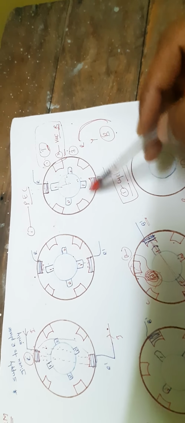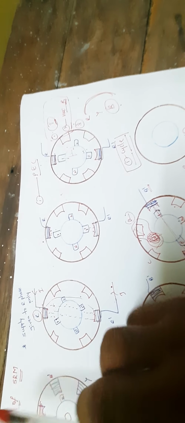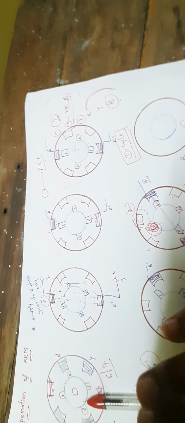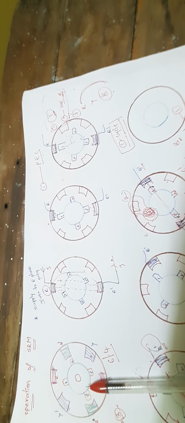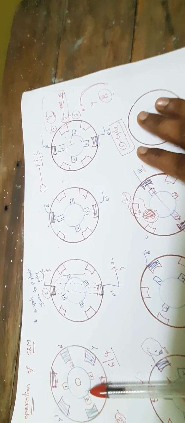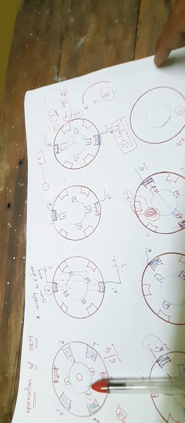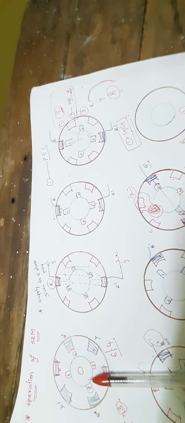With respect to rotor position, the supply has to be given to the stator winding in the switched reluctance motor. But coming to stepper motors, it is not required to analyze the rotor position. This is the major difference between the stepper motor and the switched reluctance motor. Simply, the stepper motor is an open loop machine, and the switched reluctance machine is a closed loop machine.